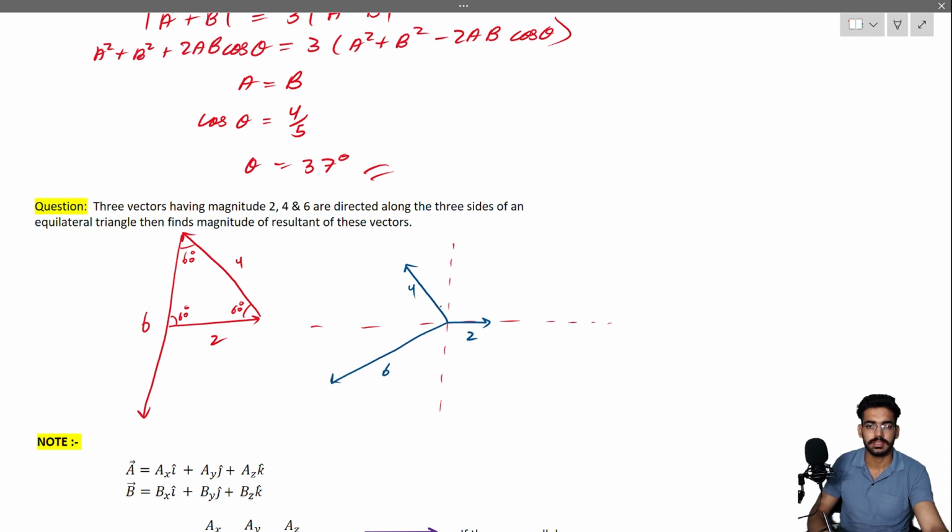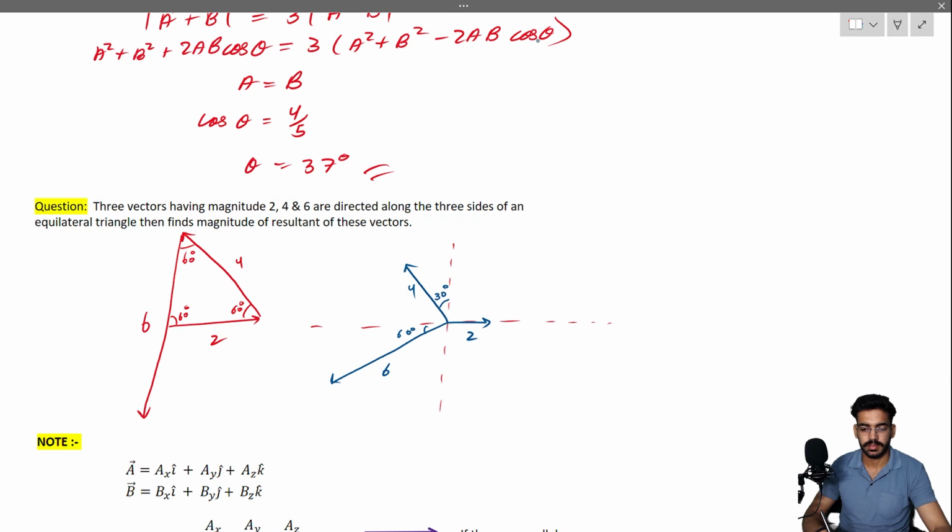So this is 90, this is my 30 remaining, right? And this is my 120, 150, and this is my 60, right? 60 and that is 60, 120, right? This is how. And now you can resolve and find out the resultant vector.